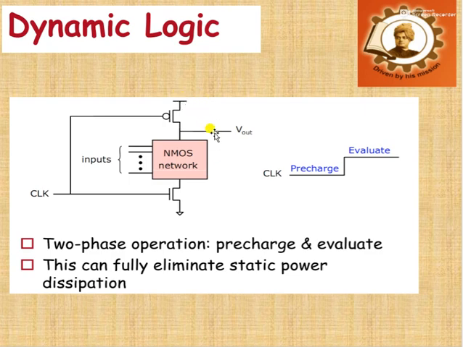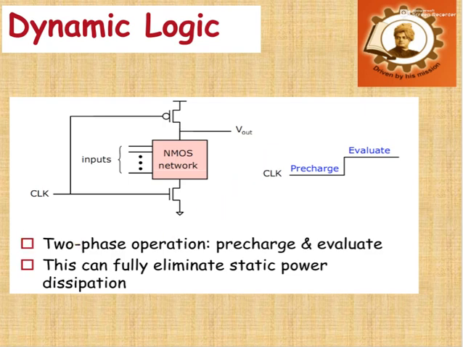When the clock is high, what will happen? The PMOS will be off and the NMOS will be on, and depending upon the input applied to the NMOS network, we will get the output value.